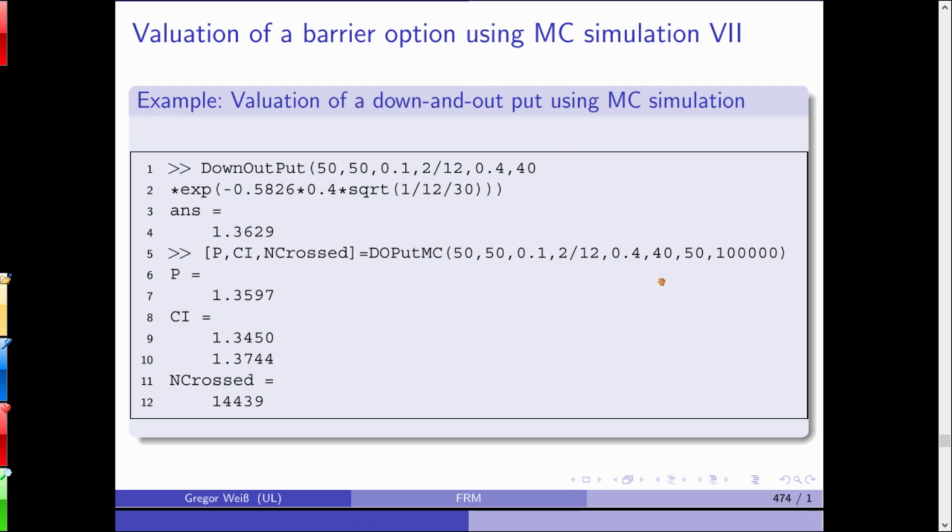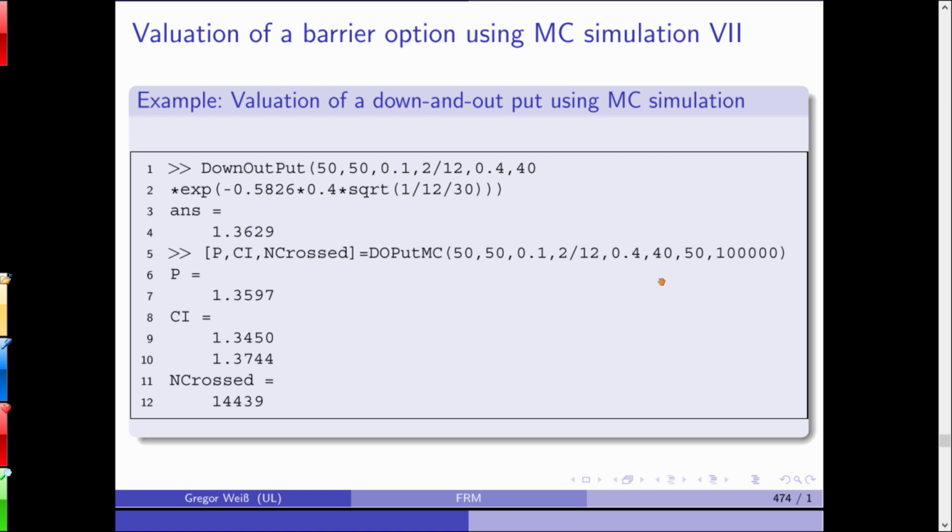Down-and-out output, again, 1.3629 is what? The Black-Scholes price. And then we do DO, down-and-out, MC, with 100,000 simulations. And the price we get is 1.3597. So actually quite close to the Black-Scholes price.